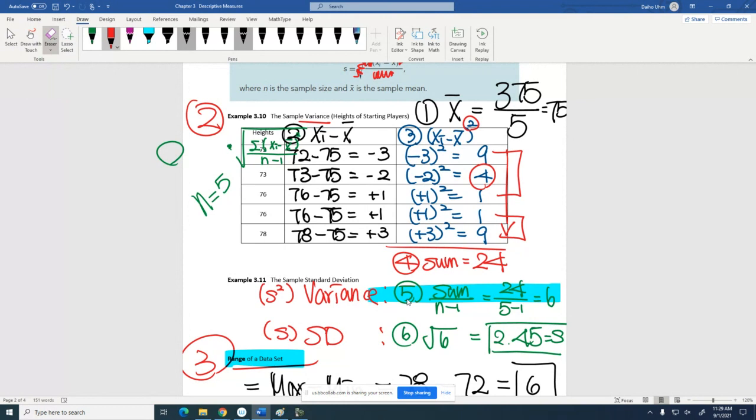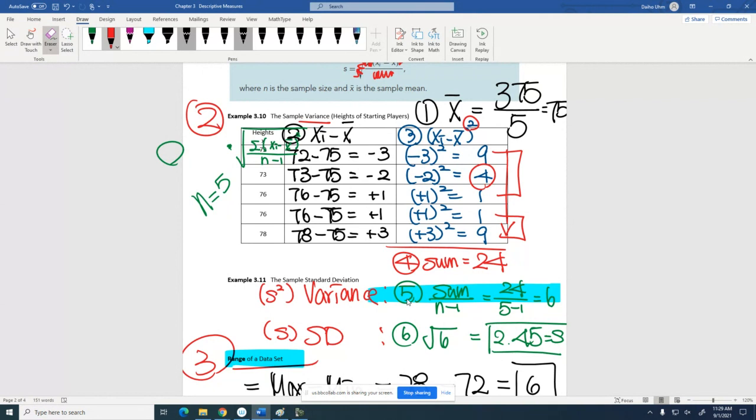The other way, take the square root of the variance, that will be the standard deviation. It's almost the same statistics. The sample variance is up to step 5, the sample standard deviation up to step 6. Absolutely, we took the square root of it, so we got 6 and 2.45. But the meaning, the measure of the variation, is almost the same.